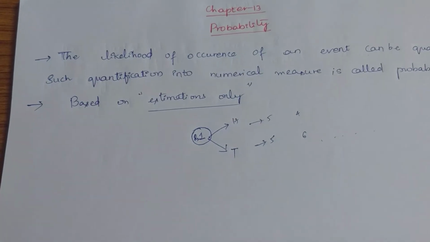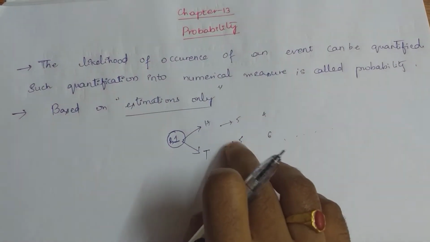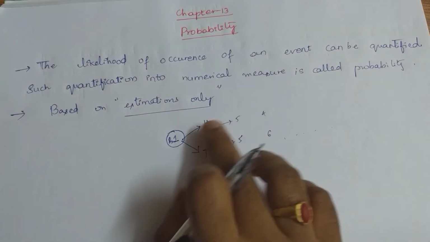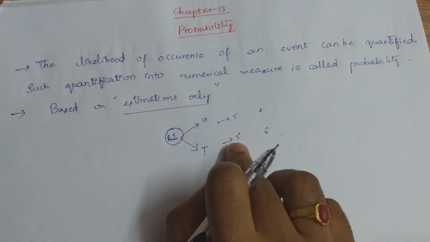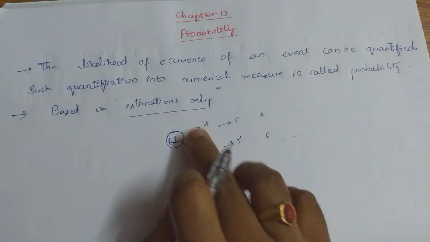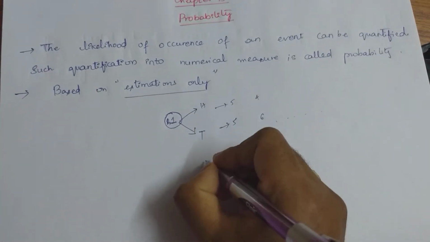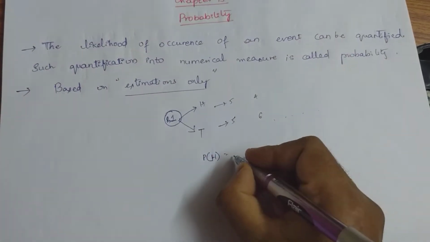Clear? Suppose in the first example I told you that heads comes 5 times and tails comes 5 times. So how do we find the probability of getting heads in this experiment? How many times did you get heads?